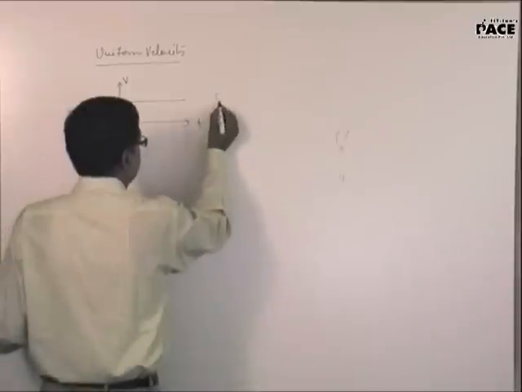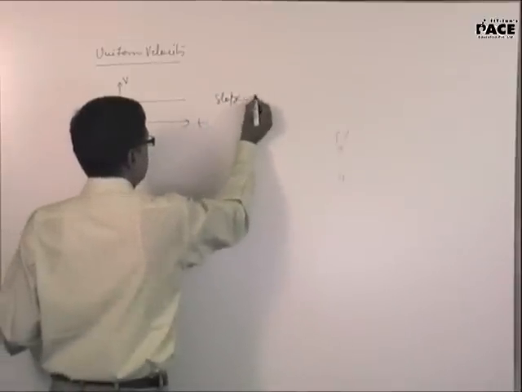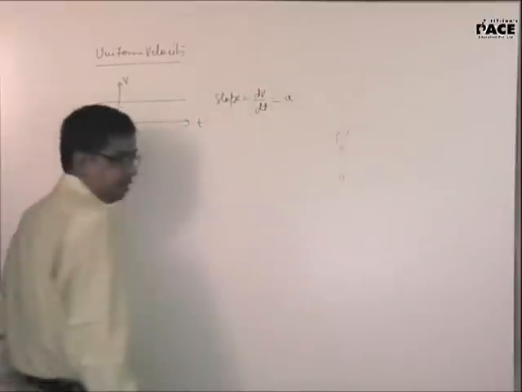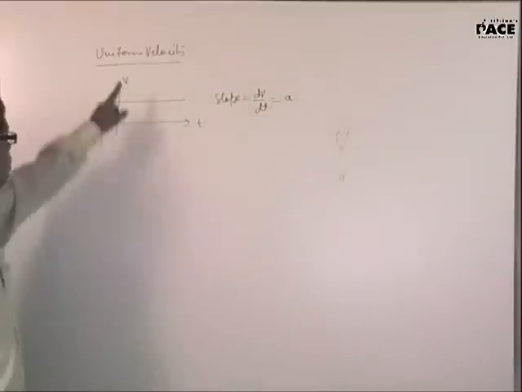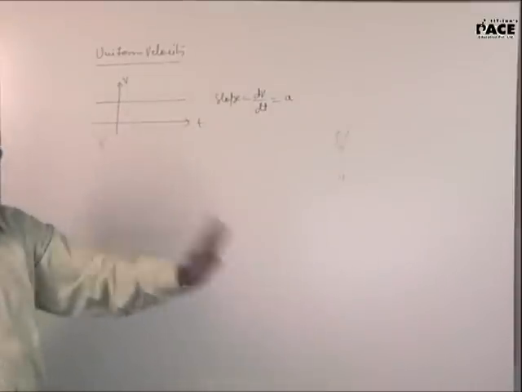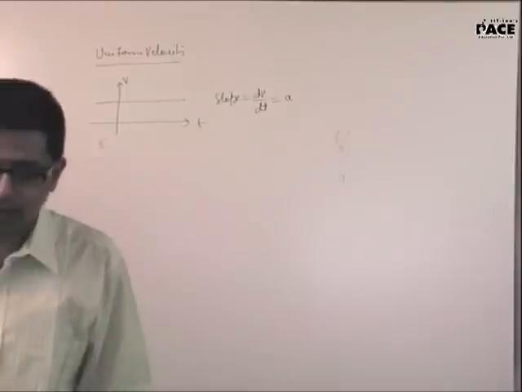Now the slope of this is dV by dt, which will be the acceleration. Because it is uniform velocity, acceleration is 0 and hence the slope is 0. Is that okay with all?